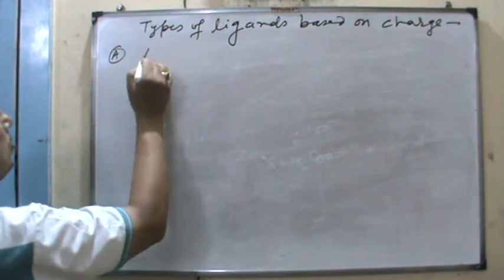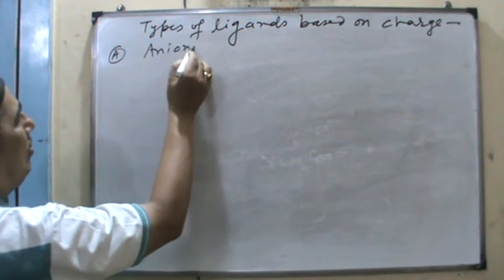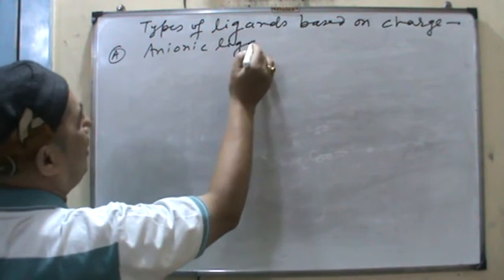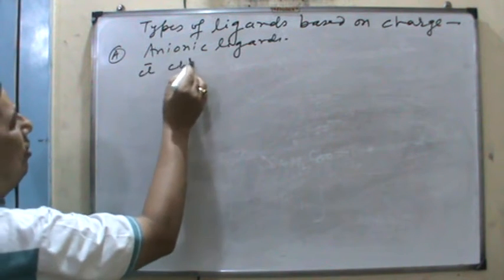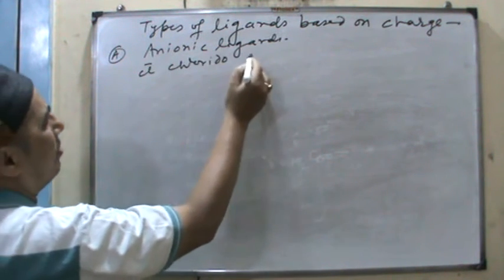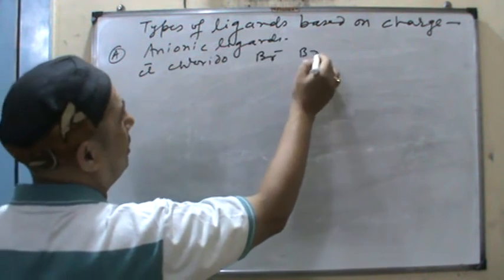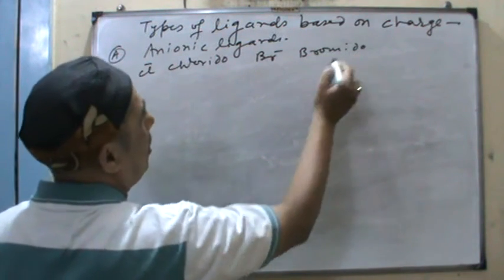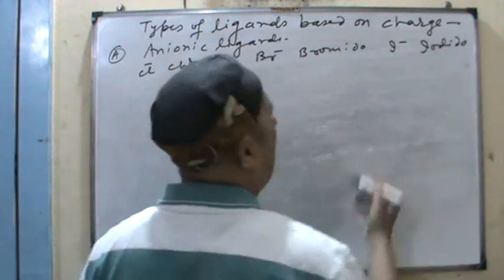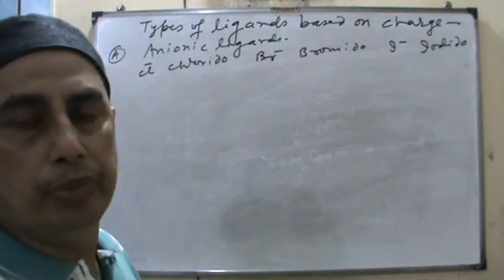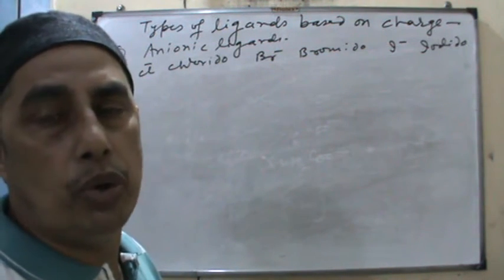First is the anionic ligands. Cl negative, chlorido. Br negative, you can say bromido. I negative, iodido. For halides, X negative: chlorido, bromido, iodido.